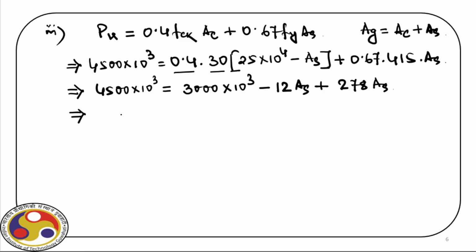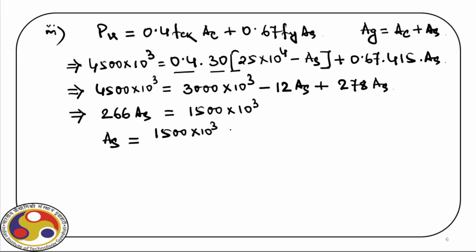So now we can solve for As. So we have 266 As is equal to 1500 into 10 to the power 3. Then ultimately we have As is equal to 1500 into 10 to the power 3 divided by 226, and this is 5639 millimeters square.